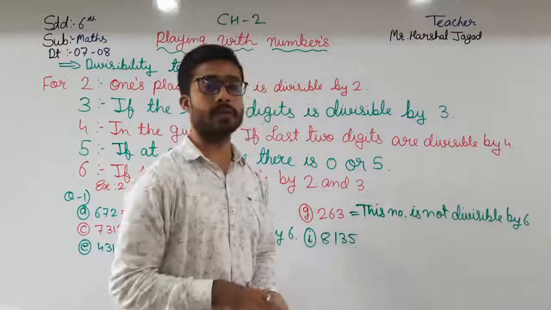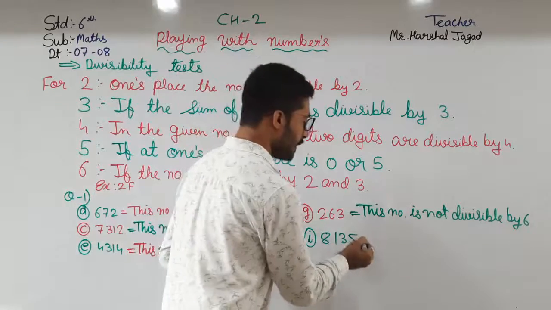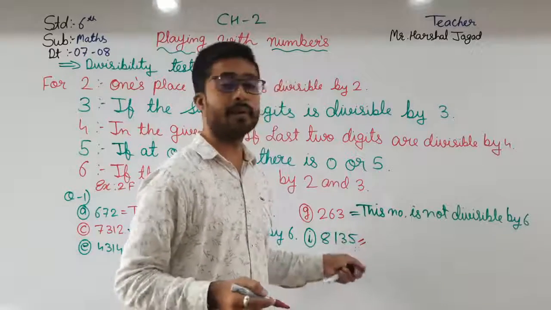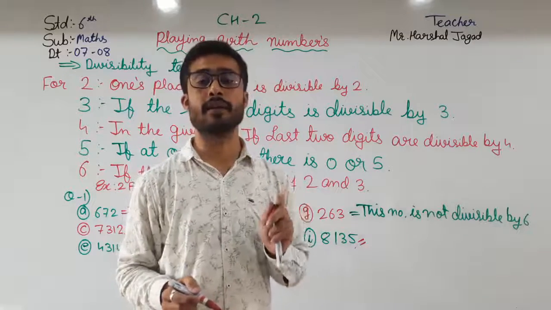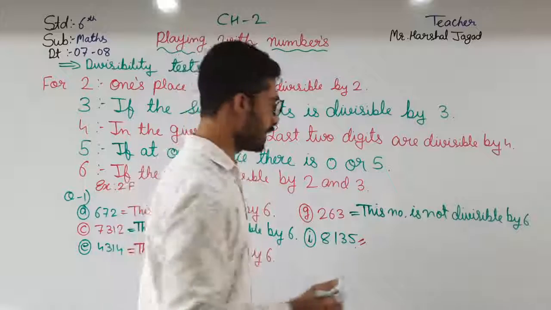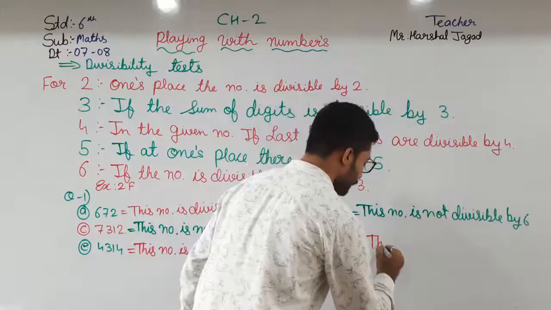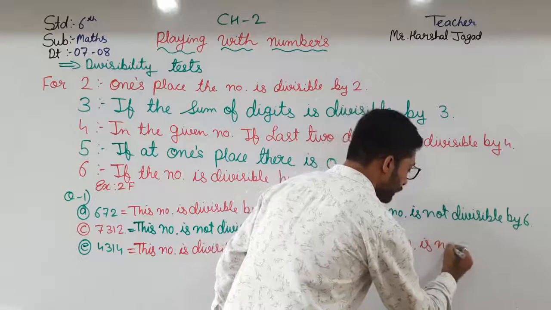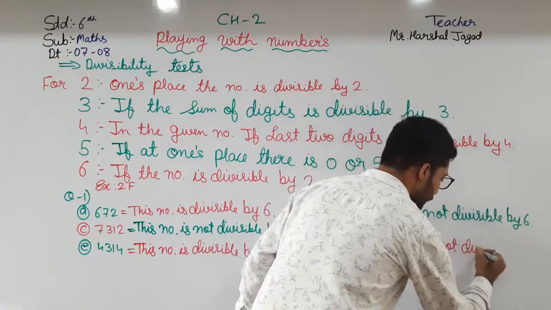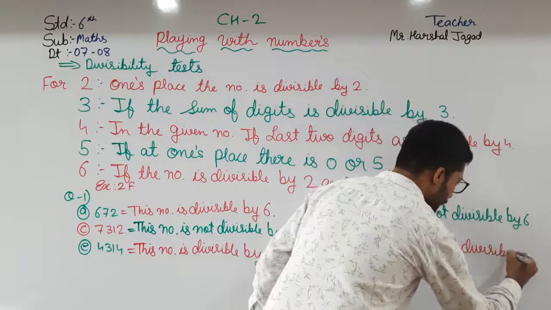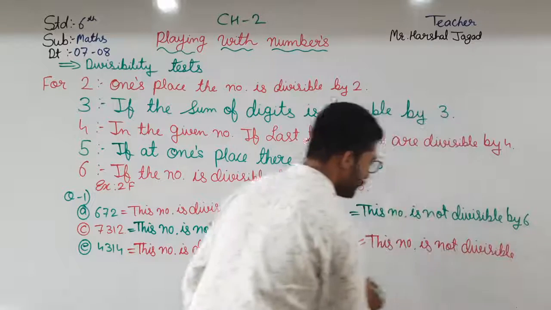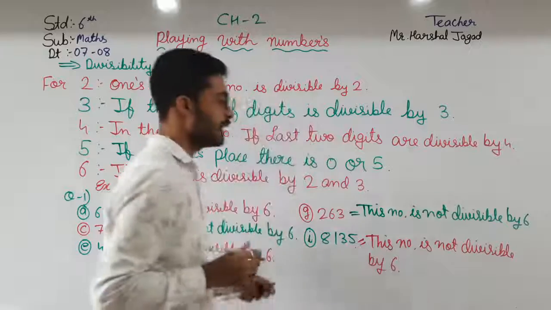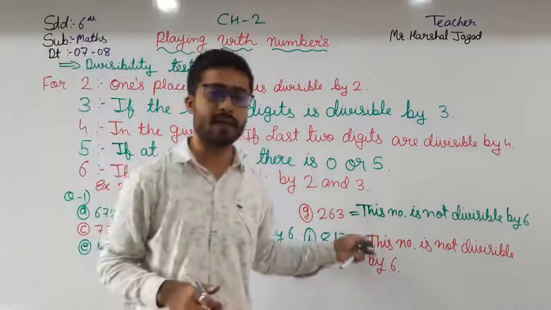Over here also you can see that here it is 5, that is not divisible by 2. Why? Because there is not 0, 2, 4, 6, 8 at one's place. So this number is not divisible by 6.